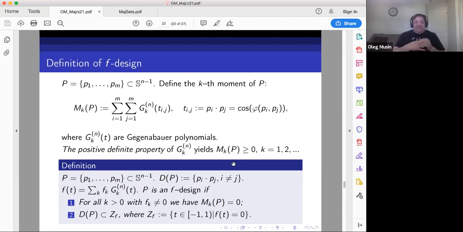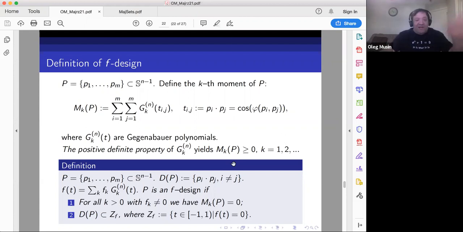Maybe it looks very far from what we discussed before, but it is very natural because it was my first interesting application: what can be done to have some minimum for T designs. I will discuss later what T design means, and maybe find some relation.